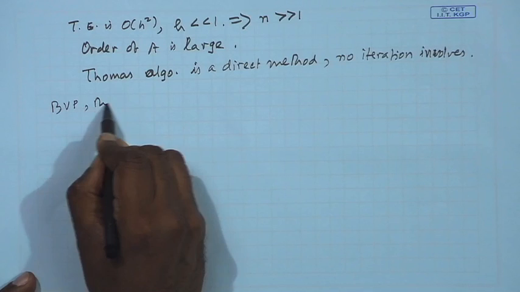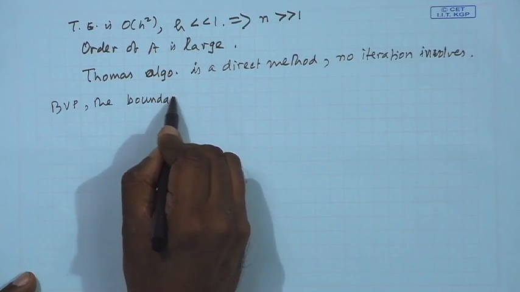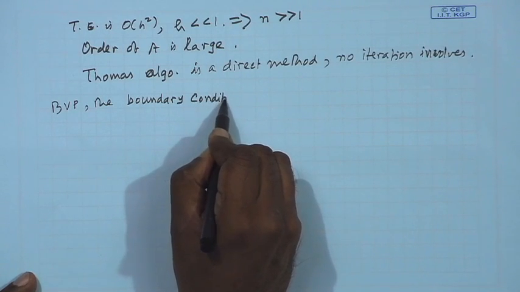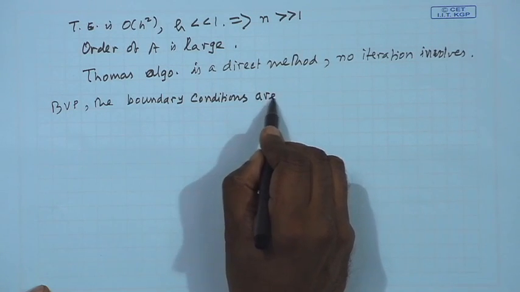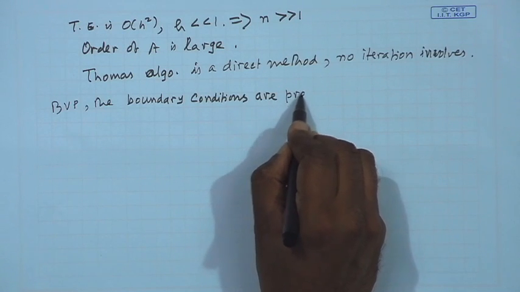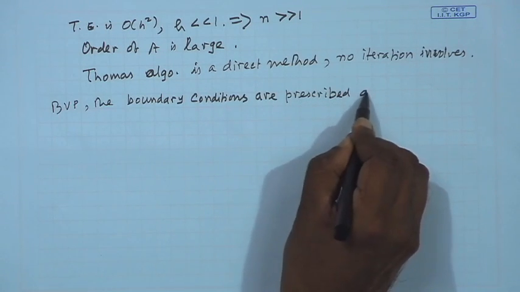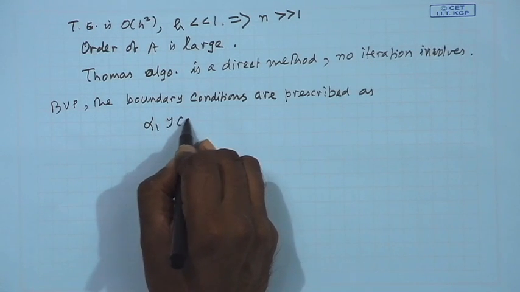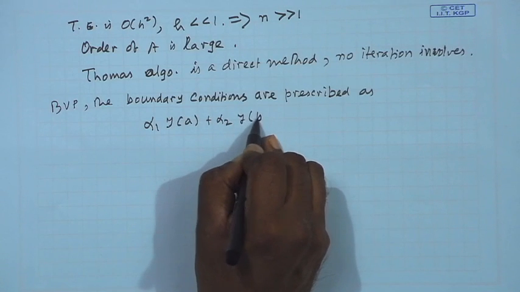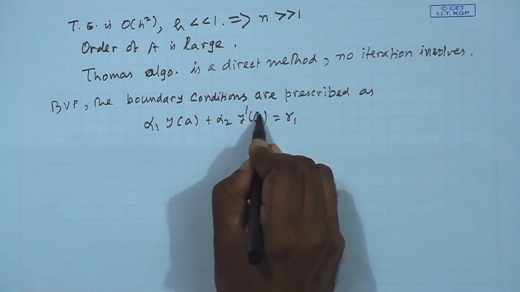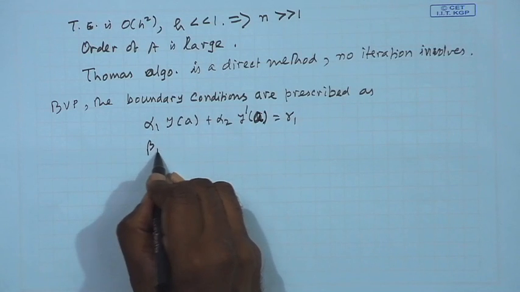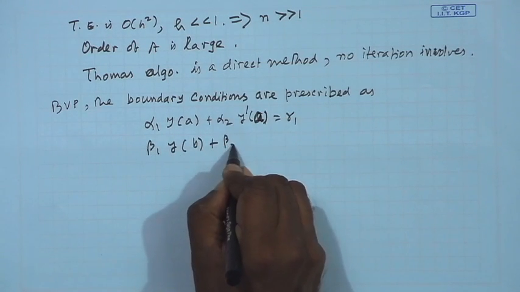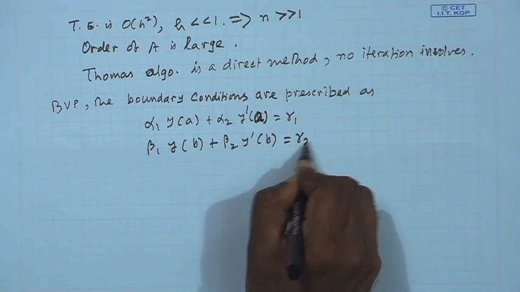Now, in some boundary value problems, the boundary conditions can be in the derivative, or prescribed as, say, alpha 1 y a plus alpha 2 y dash a equal to gamma 1, this is one boundary condition, and say beta 1 y b plus beta 2 y dash b equal to gamma 2.